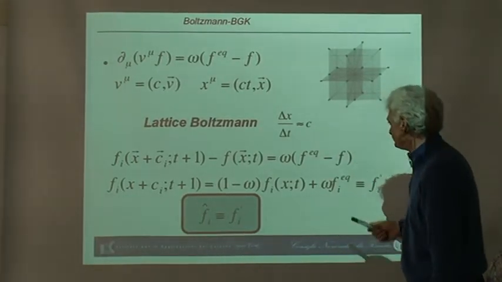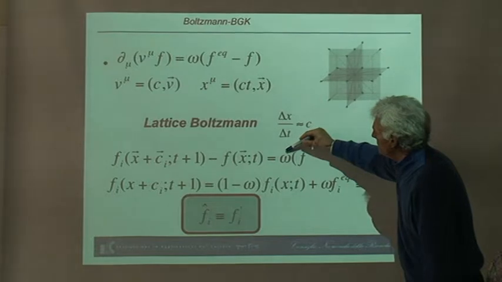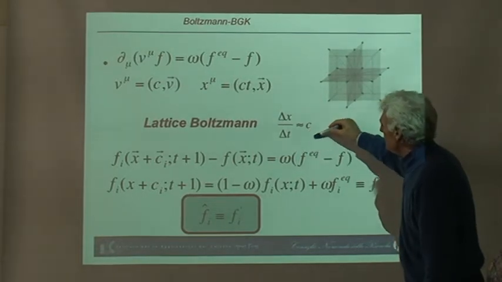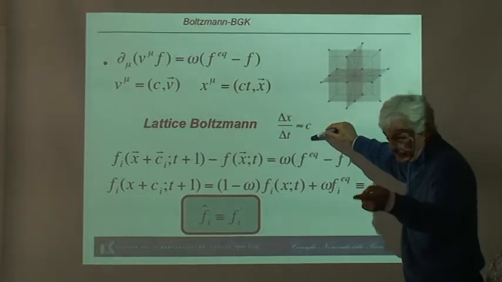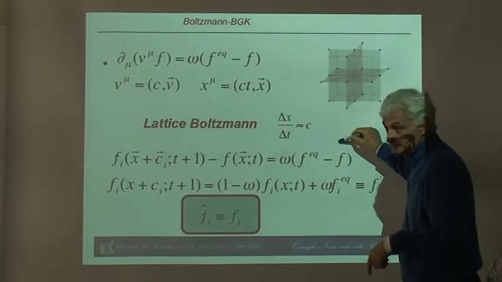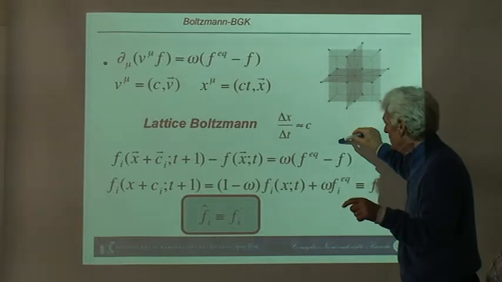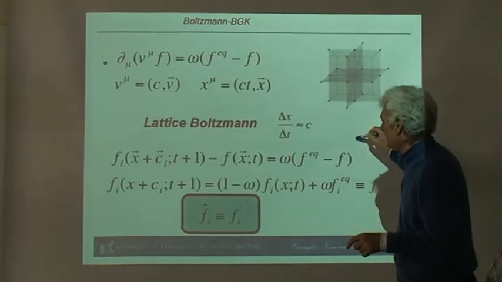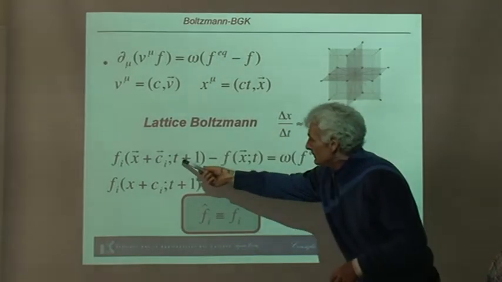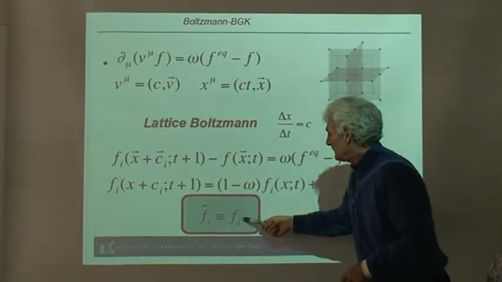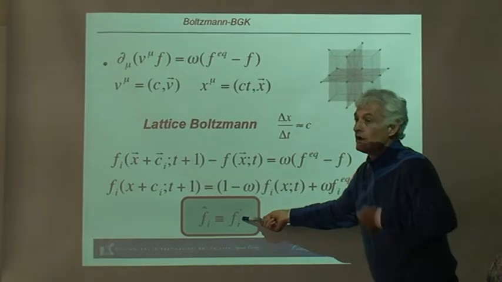This is the change in f due to collision. So I can call this f prime, after the collision, minus f, because it's the change. So minus f and minus f go, and what I'm left with is f hat, the shifted f, equal f prime, which is f after the collision.